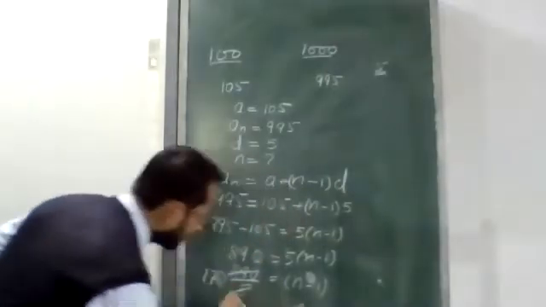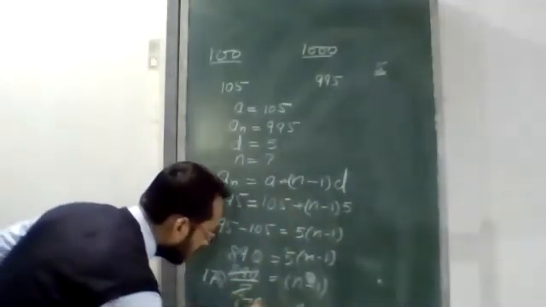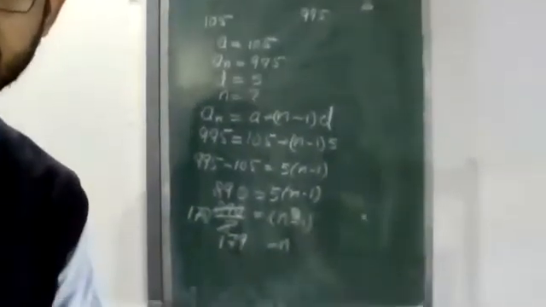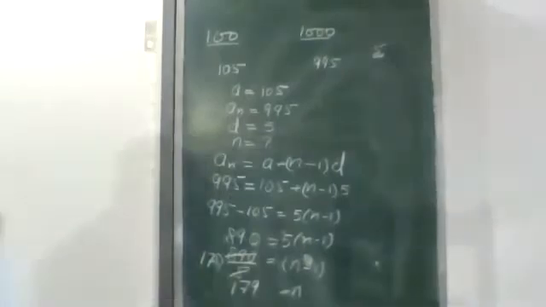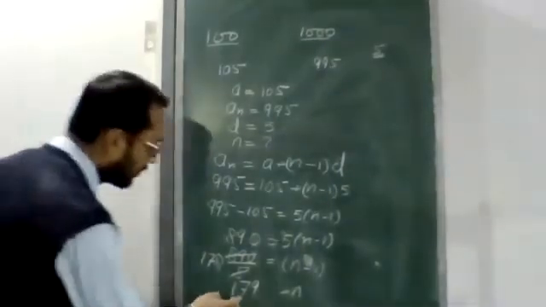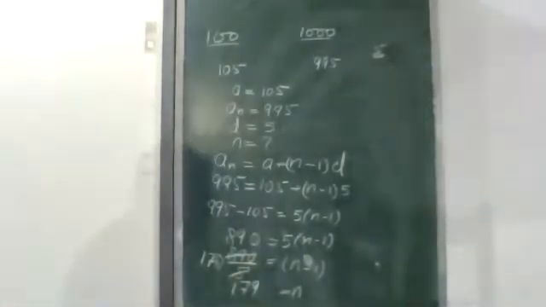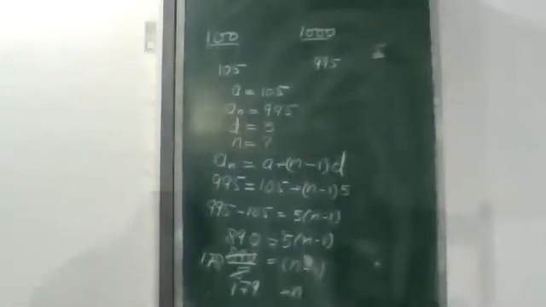N is equal to 178 plus 1, 179. 179 is the number of terms which are lying between 100 and 1000 and are multiples of 5.